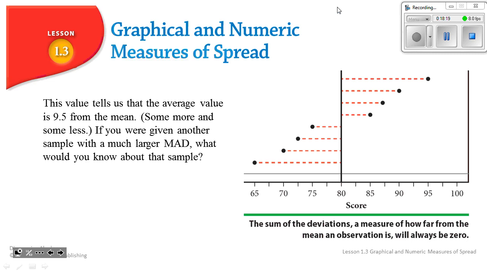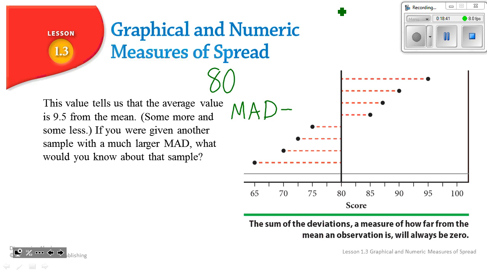If you were given another sample with a much larger mean absolute deviation, what would you be able to tell about that sample? So let's say with that same set of data, with a mean of 80 and a mean absolute deviation, in other words, the scores were about 9.5 points from the mean.